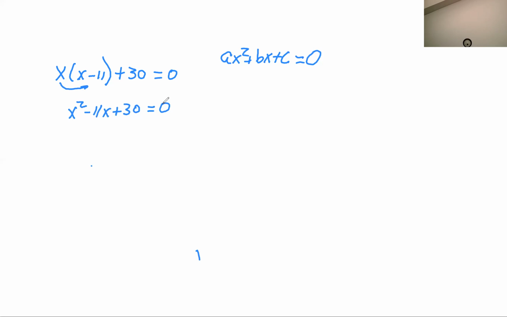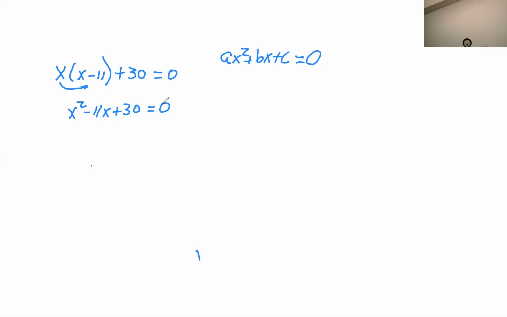So my recommended strategy is, if you're asked to solve this quadratic and it doesn't say you have to do it in a specific way, what I do is I take maybe about a minute and see if I could factor it. If I can't factor it, I just plug it in the quadratic formula and away I go.